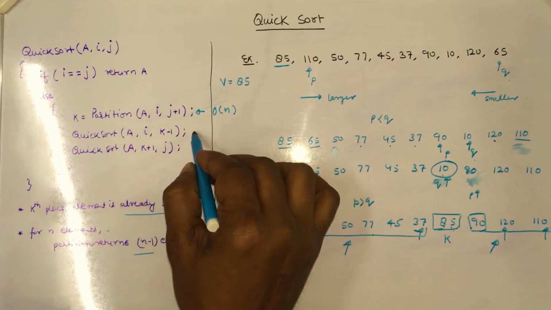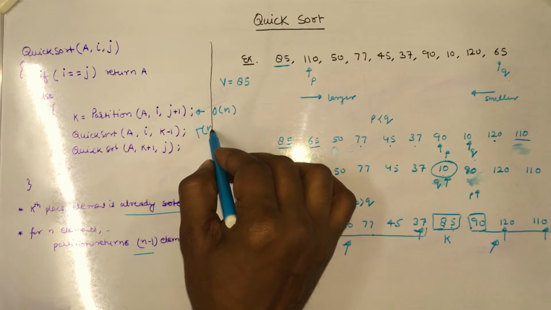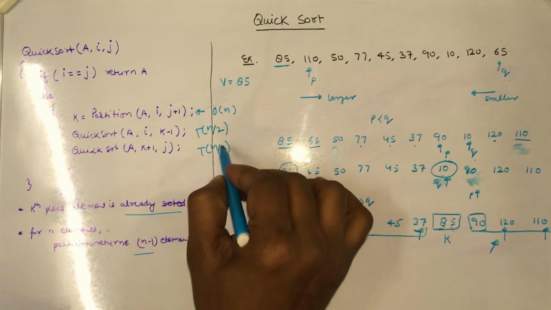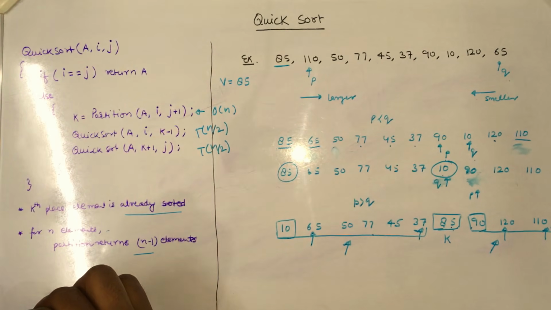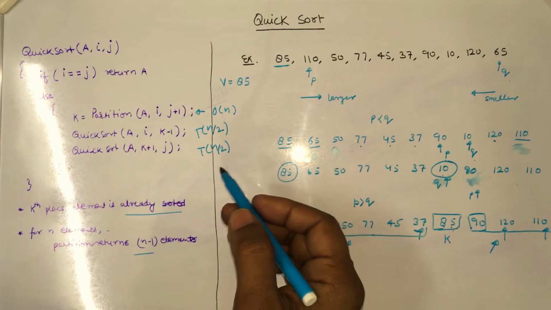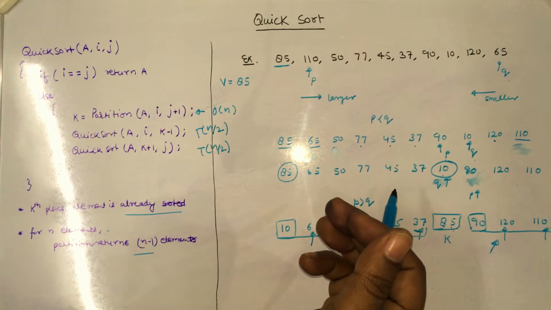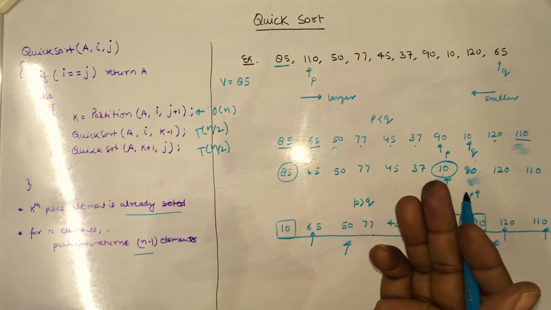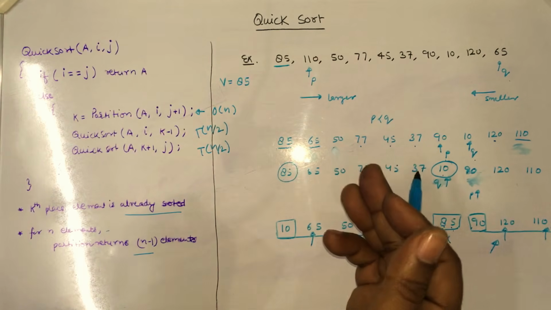And both of these procedures will require, in the best case, n by 2 time. The problem may be divided into half. One part is I to k minus 1 and another part is k plus 1 to j.